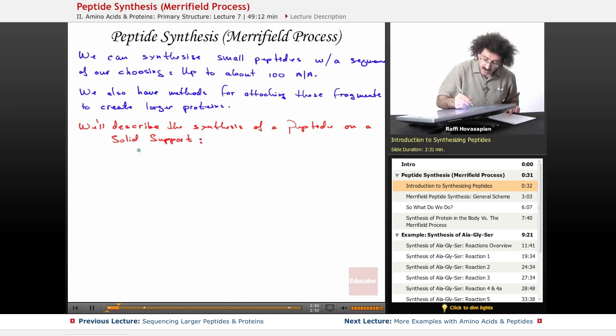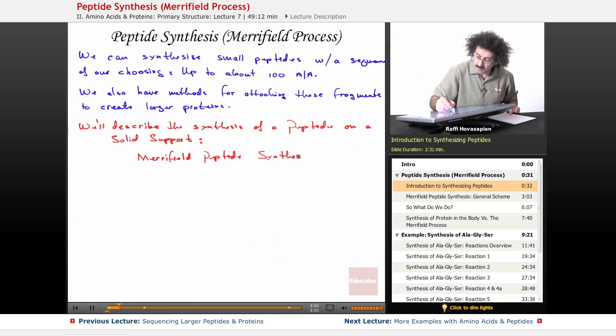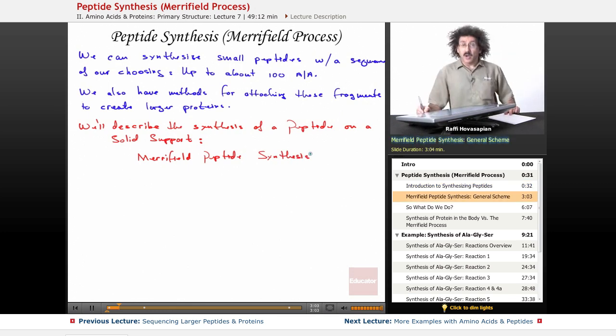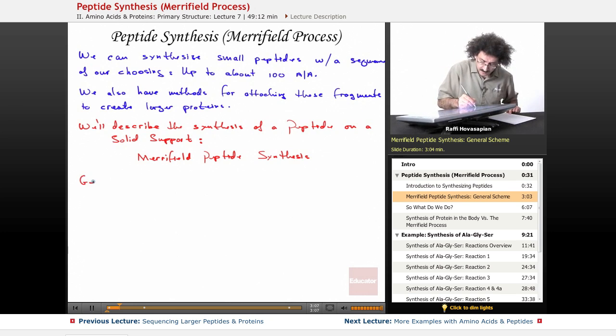And this is called the Merrifield peptide synthesis. So here's the general scheme.